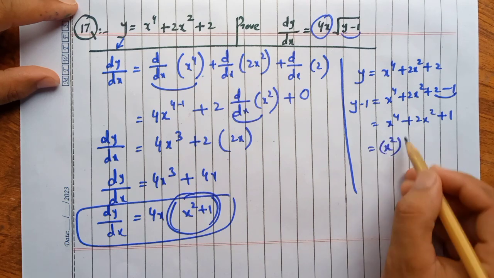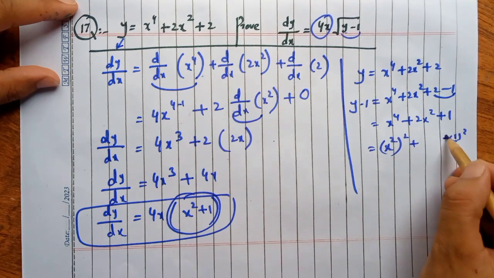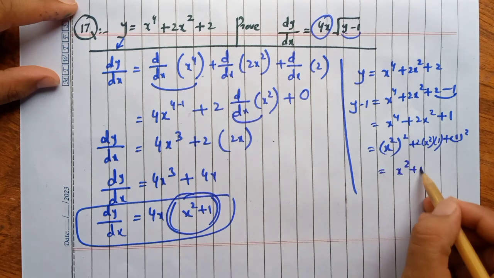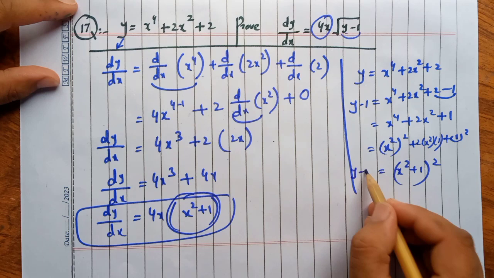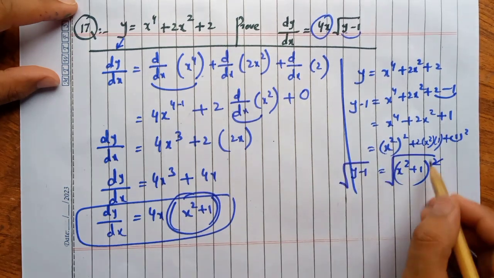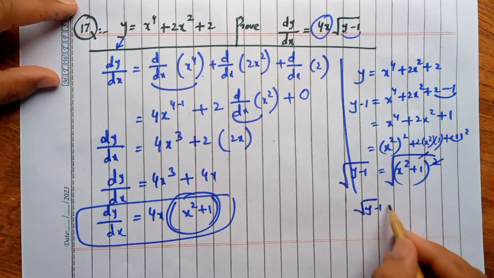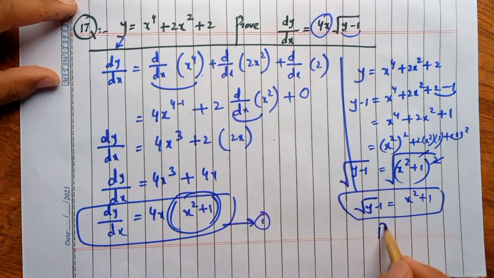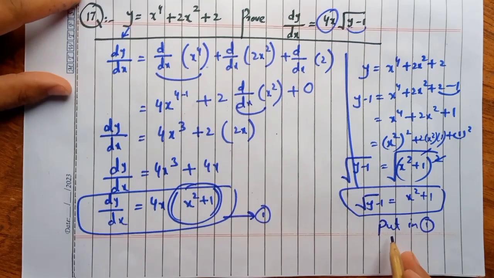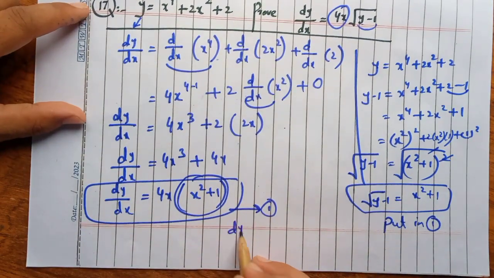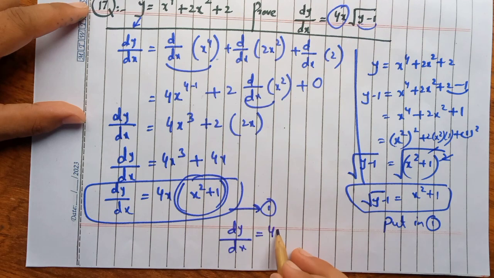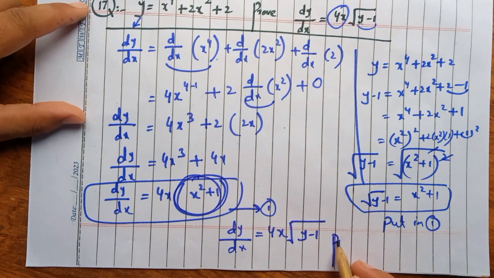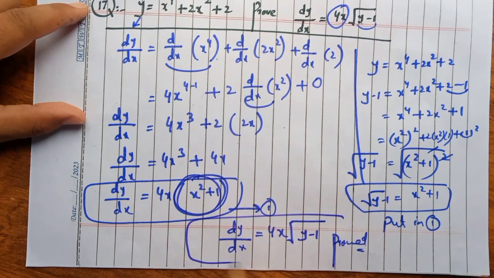This is x squared plus 1 whole squared, using the formula a squared plus 2ab plus b squared, equal to y minus 1. Taking the square root on both sides, square and square root cancel. The square root of y minus 1 will be x squared plus 1. So this is equation 1. Putting this in, dy over dx is equal to 4x times the square root of y minus 1. This is the proof of this expression.